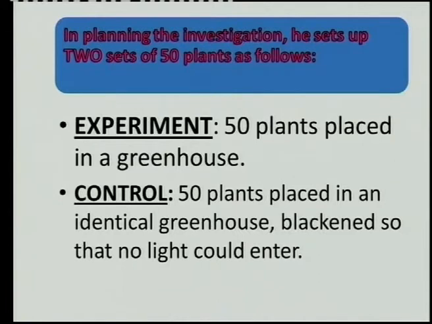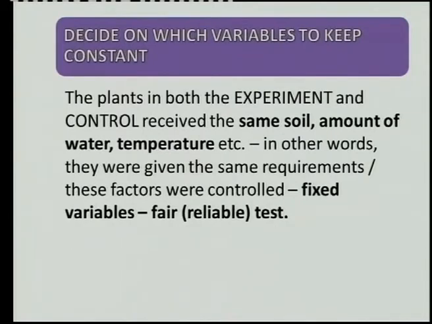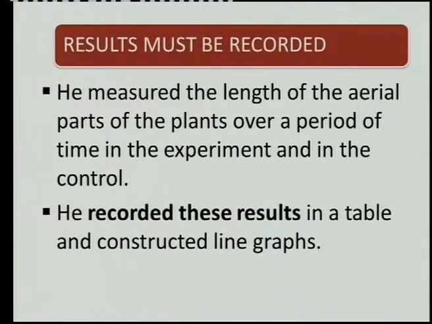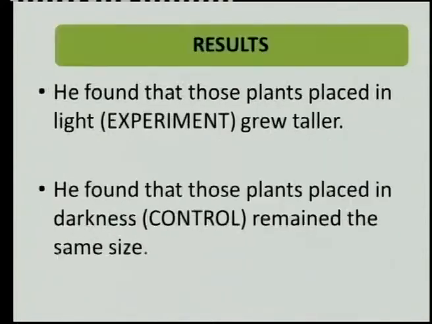So your control must be the one that takes the light away. And then the fixed variables: same soil, same amount of water, temperature, etc., to make it a fair and reliable test. He recorded the results, the length of the aerial plants, that's above the ground, and he put it in a table, and he did line graphs.